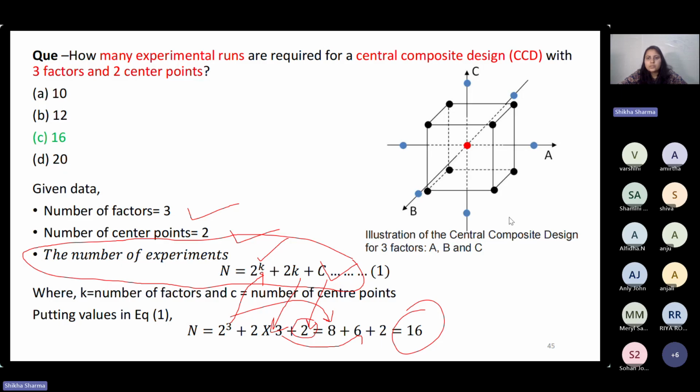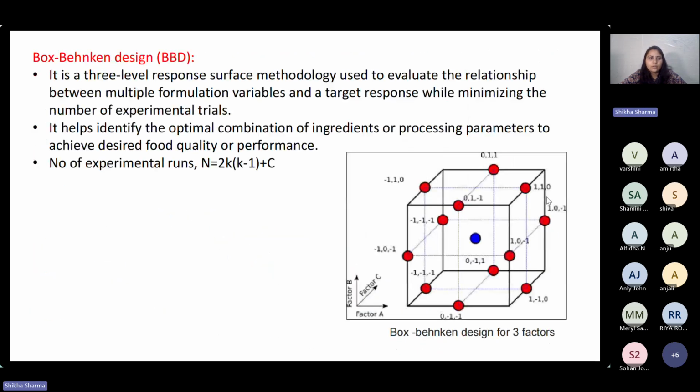So in central composite design, we take points at the corners, at the axis, and at the center. Whereas the Box-Behnken design is a 3-level response surface methodology. It is used to evaluate the relationship between multiple formulation variables and the target response while minimizing the number of experimental trials. It helps identify the optimal combination of ingredients or processing parameters to achieve desired food quality or performance.